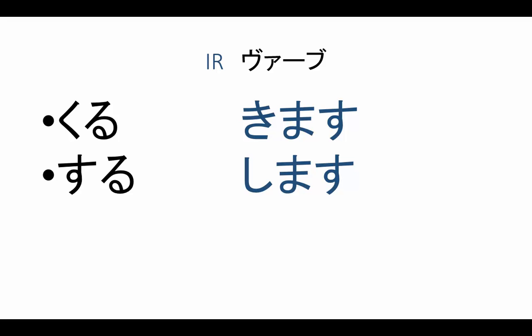So that's why they're considered irregular. Now here's the good news. These are the only 2 irregular verbs in the whole language. Any other irregulars that you might list are actually compounds that end with either kuru or suru. So for example, they teach you benkyou suru in this chapter. That's really a combination of a noun, benkyou, and the verb suru tacked on the end to turn it into a verb.